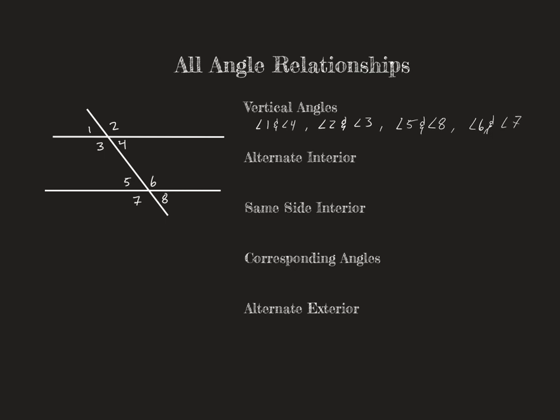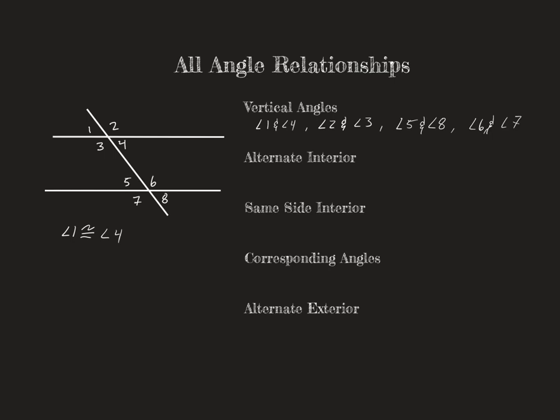And they actually help us see how angles are congruent. Because by definition, you know that angle 1 and angle 4 are congruent. That means that they have the same measurement. So let's show that. I want to write angle 1 is congruent to angle 4.